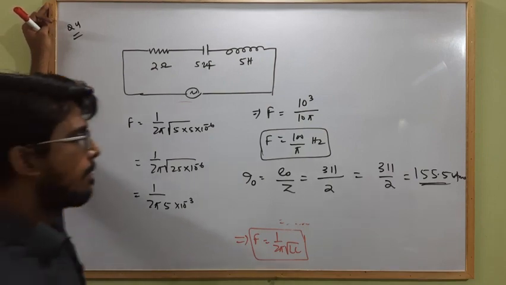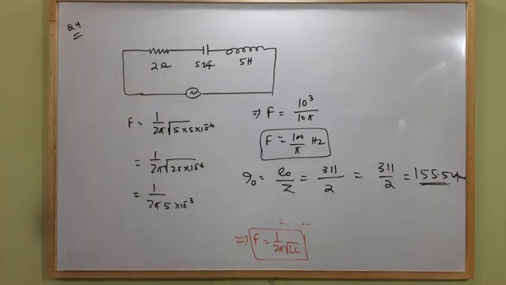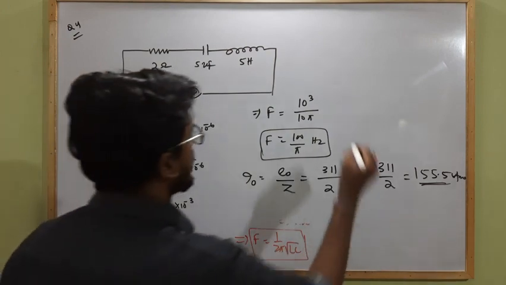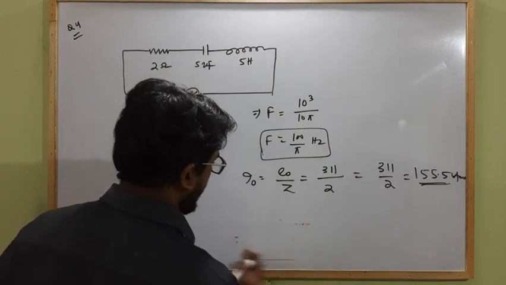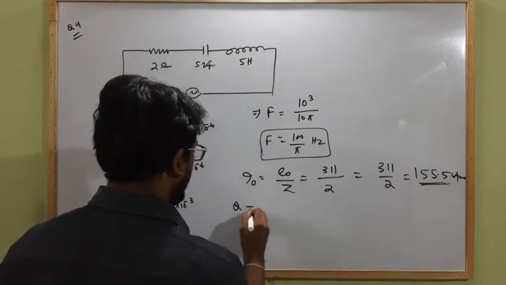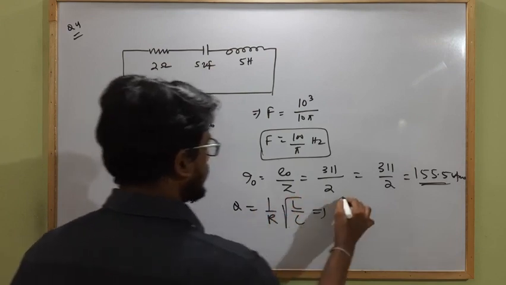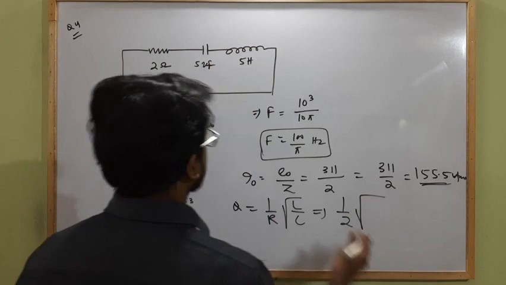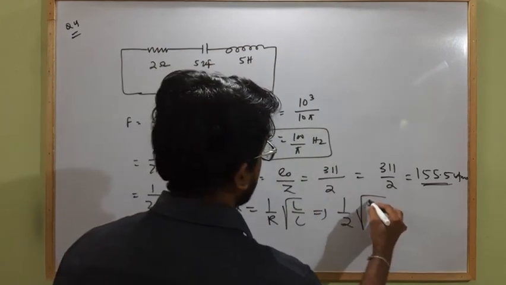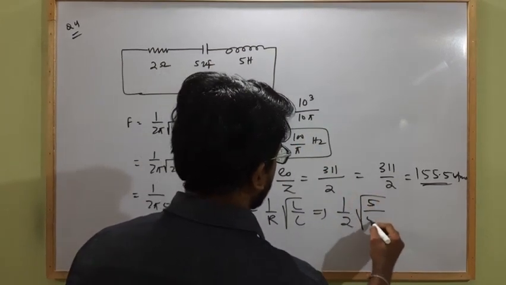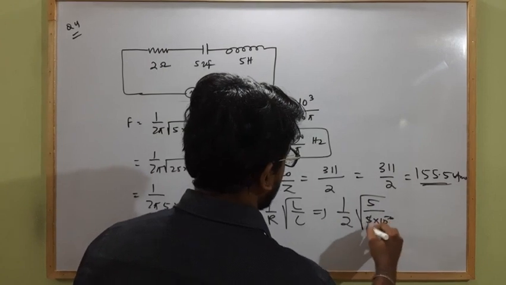Clear? So next, we have to calculate the quality factor of this circuit. We know the quality factor formula Q equals 1 by R root over L by C. So this implies 1 by 2 under root, L is 5 divided by 5 into 10 to the minus 6. 5 will cancel.